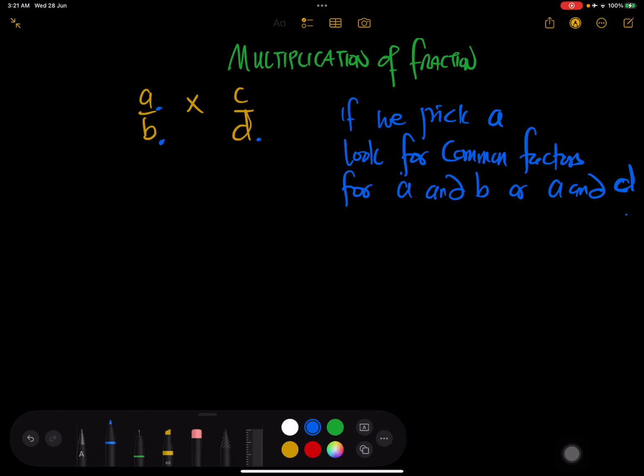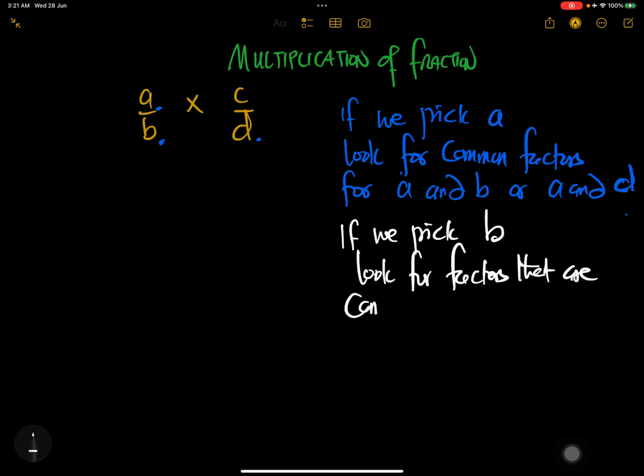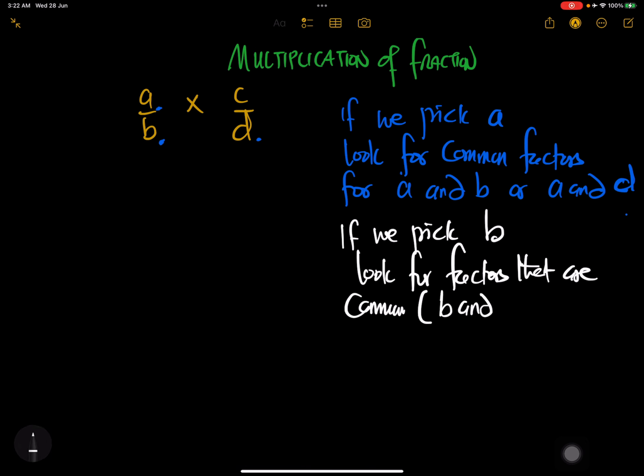But if we pick B, we look for factors that are common for B and A, because we picked B, and also for B and C. So you ignore the number that is on the same line.